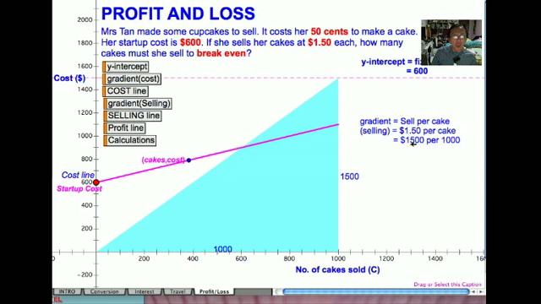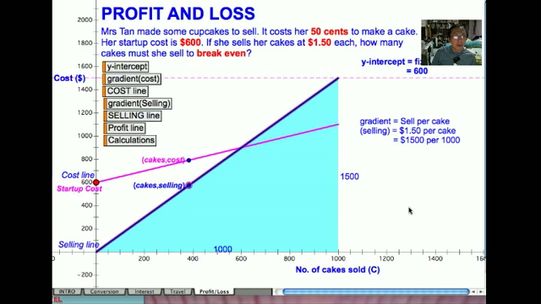We use $1,500 for 1,000 cakes and draw our triangle from the origin, because 0 cakes will sell for $0. We draw a base of 1,000 and a height of 1,500 and complete this with the selling line.